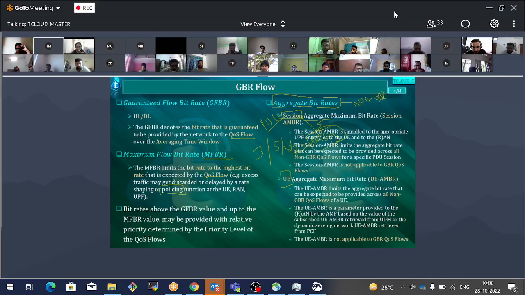So individual capacities are not identified for non-GBR quality of service flows, only aggregate. So you can have any number of non-GBR flows, all of them will have to adjust within these aggregate limitations. But for GBR flows, for each GBR flow, there is a separate value associated when it comes to these bit rates. So there is one separate guaranteed bitrate value and maximum bitrate value. Is this clear? Okay.